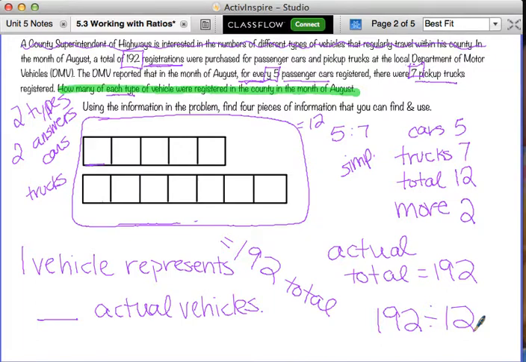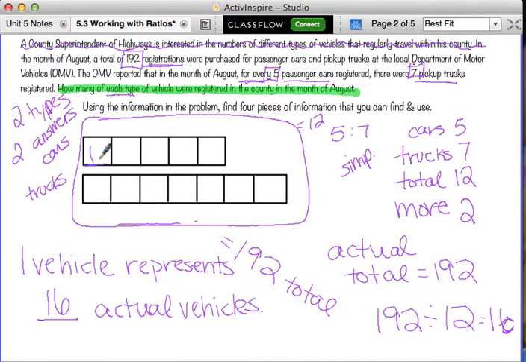When I divide, 12 goes into 19 one time, and 9 minus 2 is 7. Bring down the 2 gives us 72, and 12 goes into 72 6 times. So in this case, every one vehicle represents 16 actual vehicles.